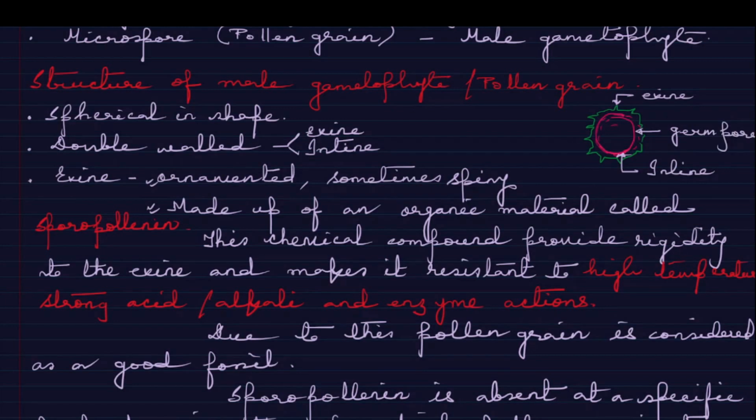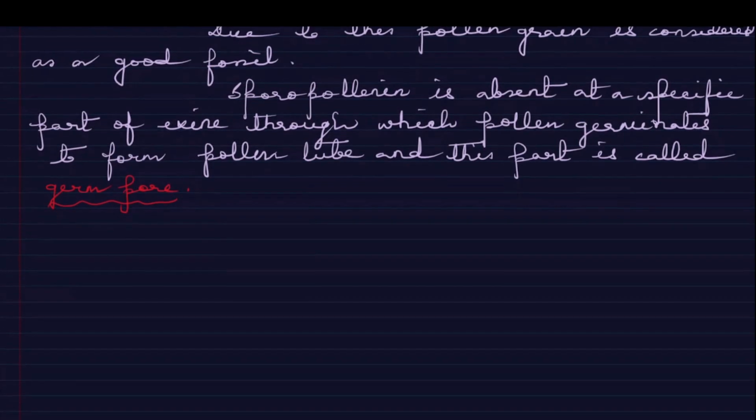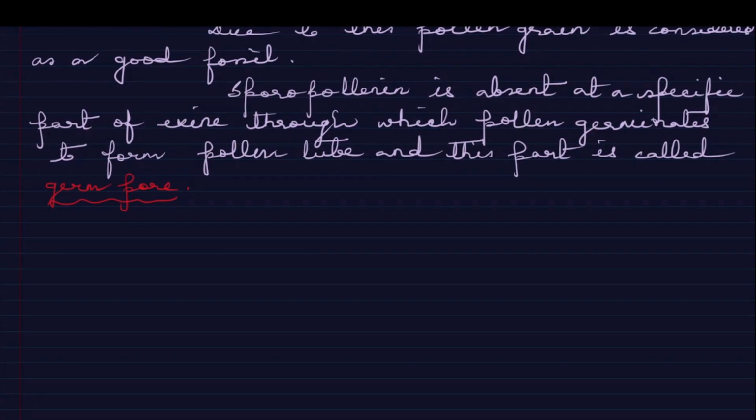So now it is clear. Now we are going to the next wall. From the exine many questions may come: sporopollenin, why it can be preserved as a fossil, where the sporopollenin is absent, like this.